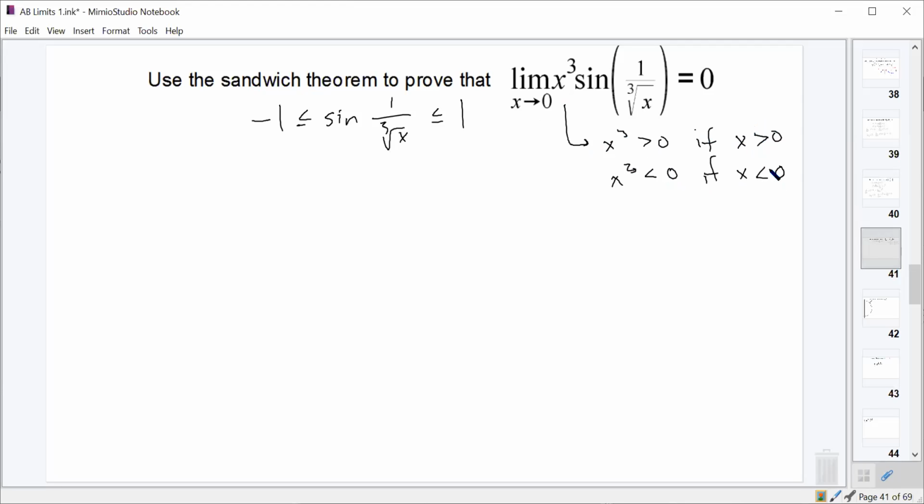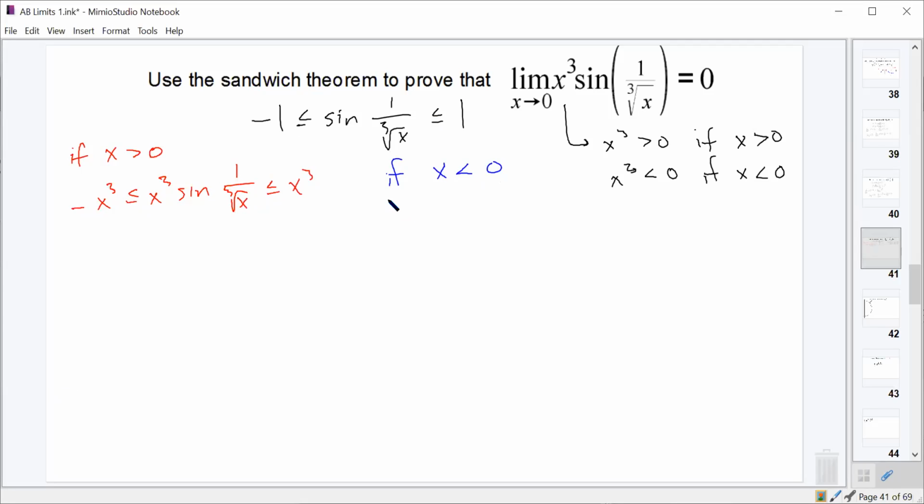So we're going to have to split this up into two different cases, which is going to complicate things a little bit. If x is greater than 0, then when I multiply each piece of this by x cubed, I'm multiplying by a positive and everything is good. Negative x cubed is less than or equal to x cubed sine of 1 over the cube root of x, which is less than or equal to x cubed. But if x is less than 0, what happens?